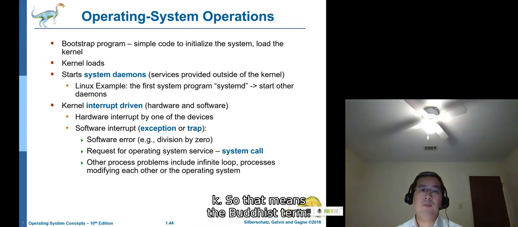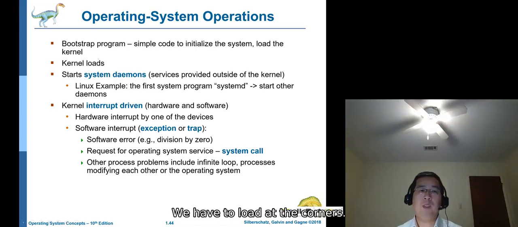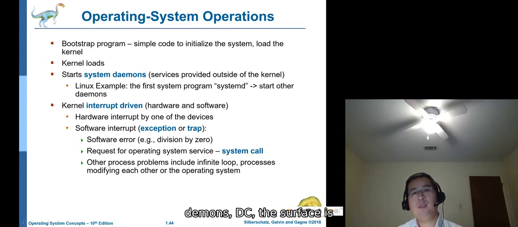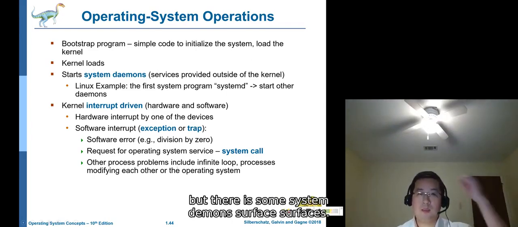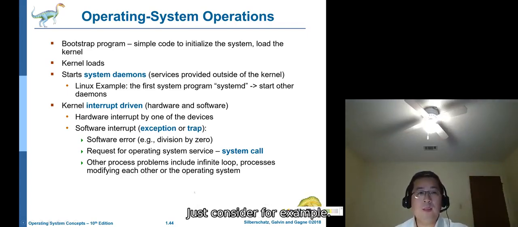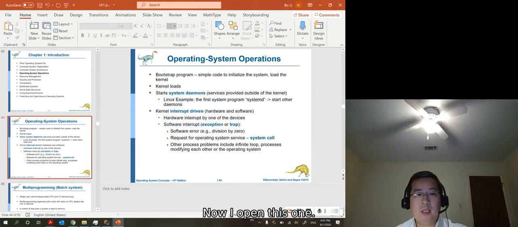So that means the bootstrap will help to load the kernel, and after that we'll load some system daemons. These are services provided outside of the kernel. That means they don't belong to the kernel, but are system daemon services. Just consider, for example, now I open this.